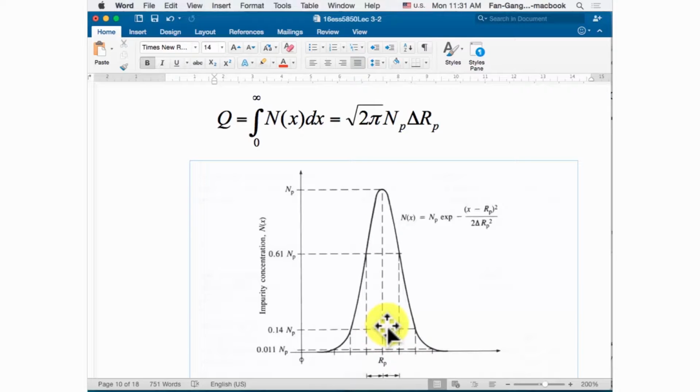So after this step, you still need to go to the drive-in. The drive-in brings this material into the higher temperature. So the atom will start to diffuse, starting from this position to the surface and then to the deeper area as well. Both sides, go both sides.